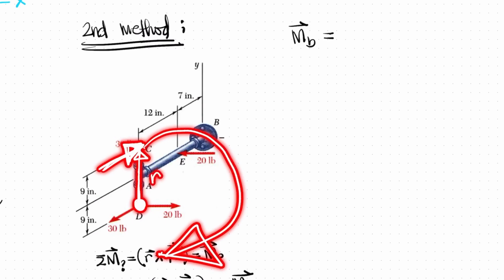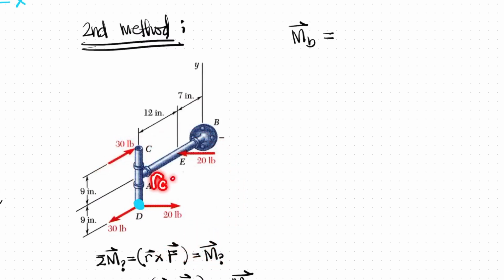So this is R of C with respect to the point where you take the moment. This R goes from here along the y-axis, upward, so positive 18 j, times the force of 30 pounds.